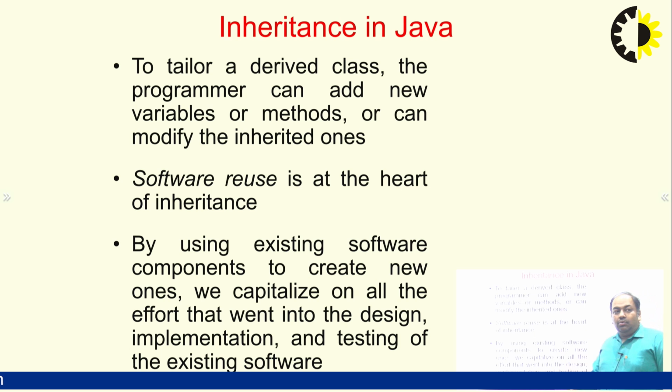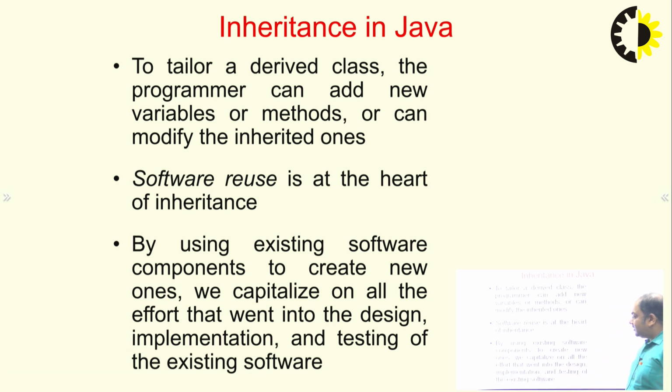The child class uses the qualities of the parent class, and the programmer or developer can add new variables or methods or modify the inherited data or methods.